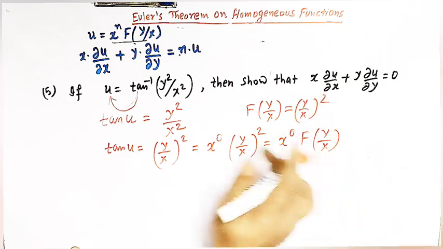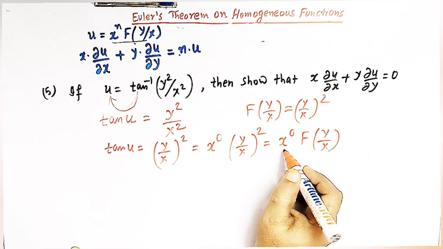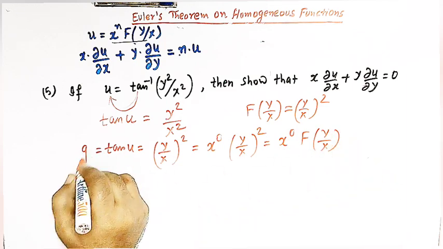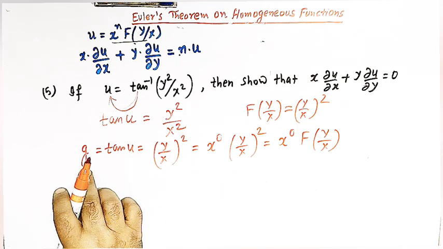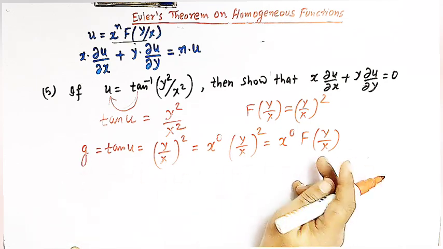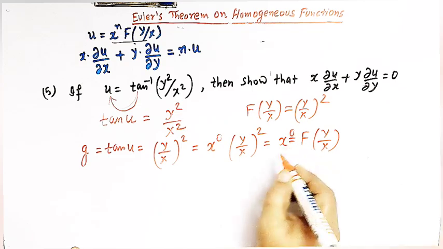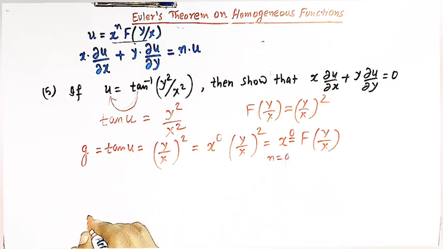So this function is of this form, and we can see that if we take tan of u as g, then this function g is a homogeneous function of degree 0, right. So n is equal to 0.